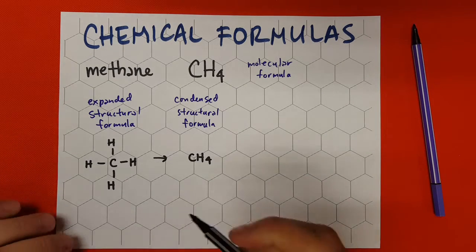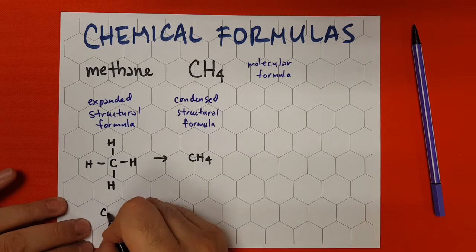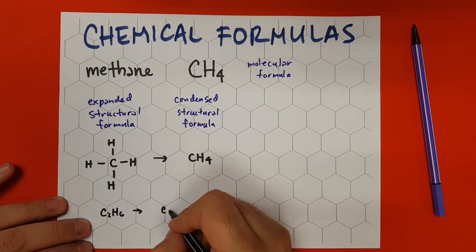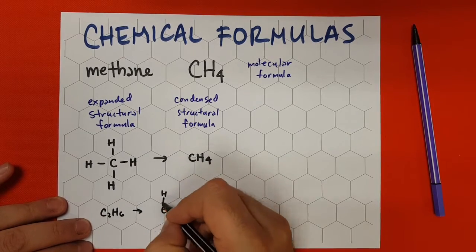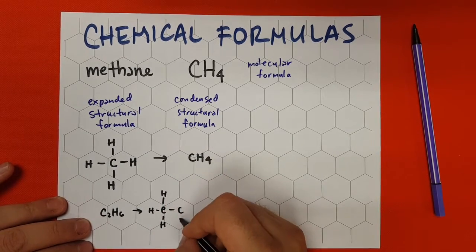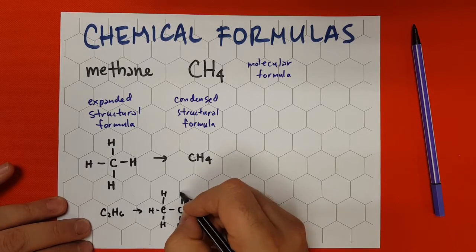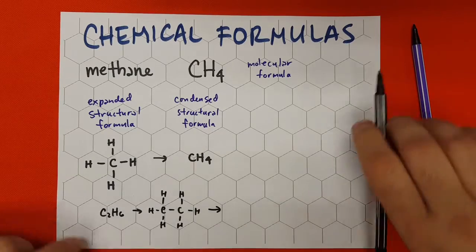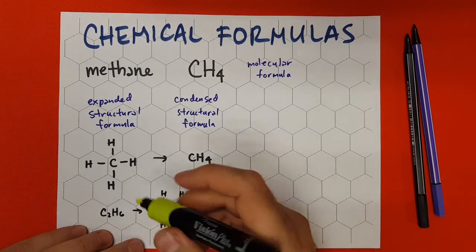Ethane, its molecular formula is C2H6. Which would mean that in its expanded structural formula, we have 2 carbon atoms, and around these atoms, we have their respective hydrogens. But once we condense it, we look at each of these carbon atoms, and we look to see what's around them.